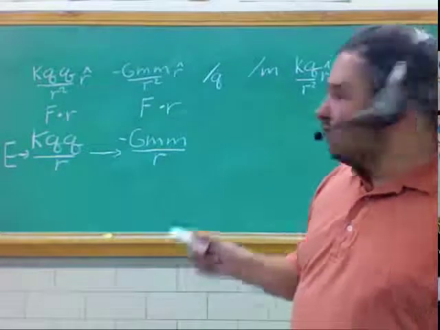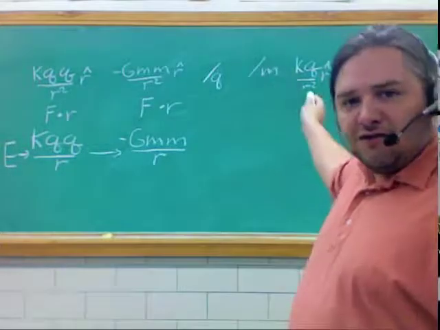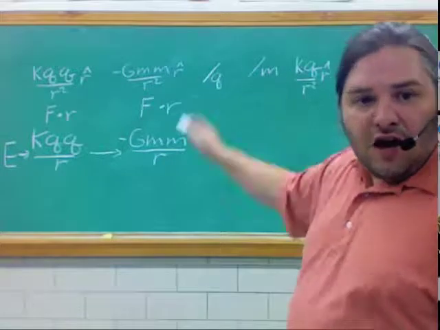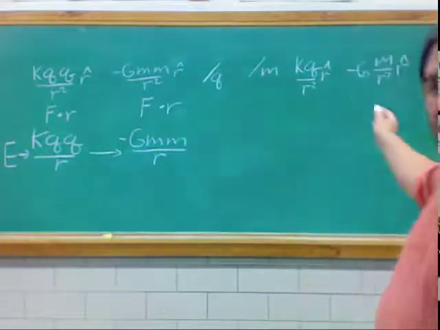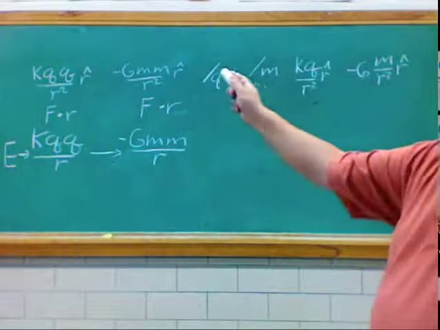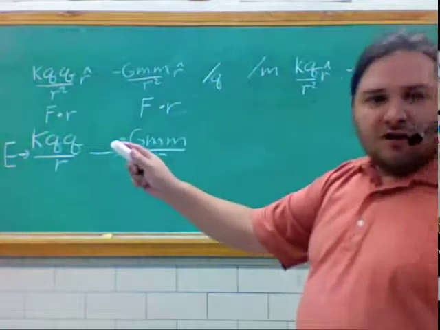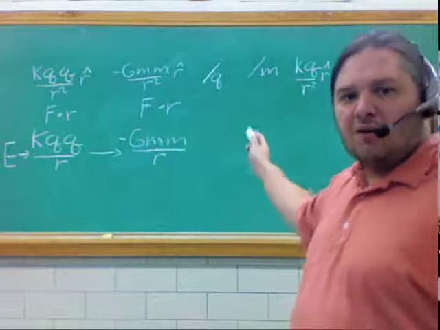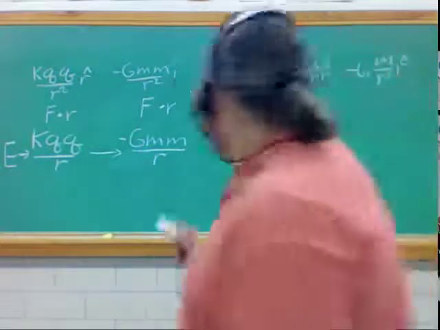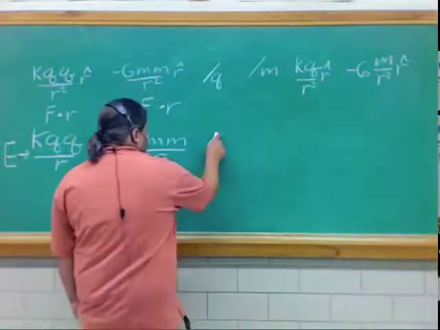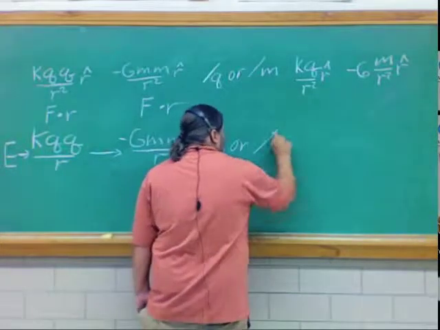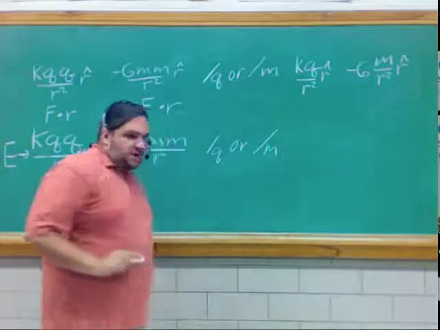So what I want to do is the exact same process for energy that I did for fields. I did this for fields: I divided by charges and masses. Now I'm going to do the exact same thing for energy, and I'm going to come up with a new term called potential. Dividing by Q or dividing by mass gives me my potential equation.